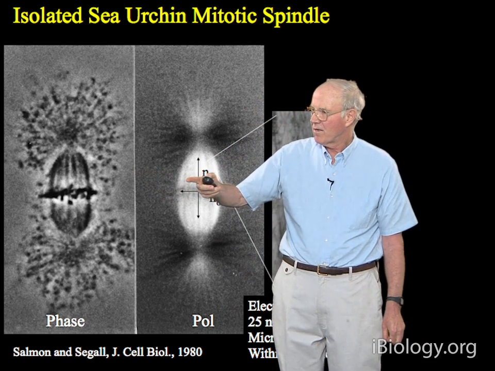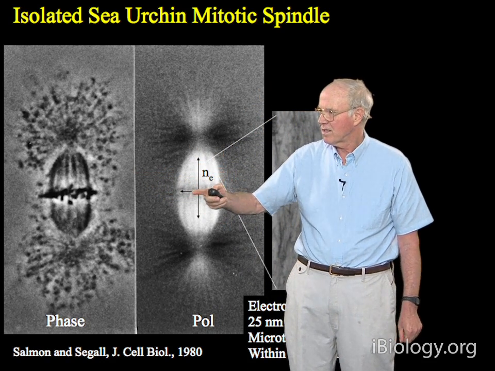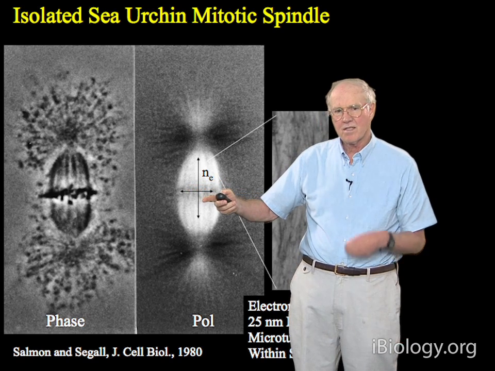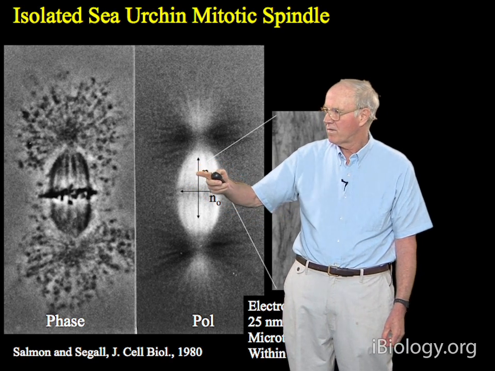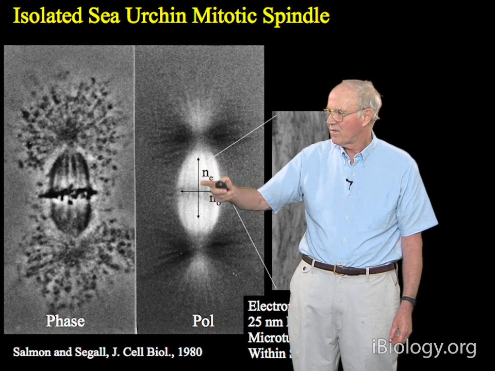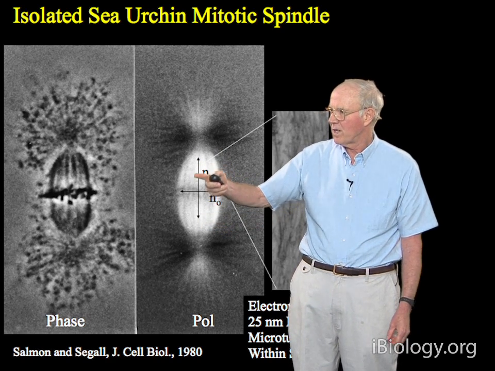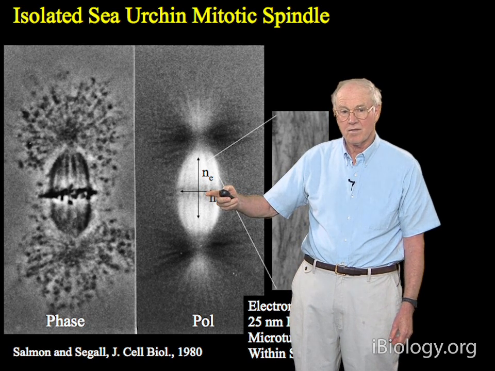In polarization microscopy, it's the difference in refractive index in different directions in the specimen, that is, optical anisotropy, represented by two different refractive indices, one for light that's vibrating with its electric vector this way, and one for light vibrating with its vector in a perpendicular direction.